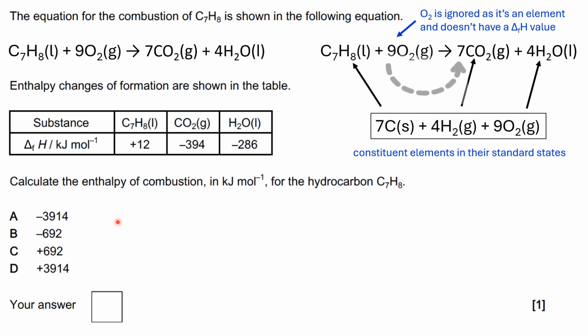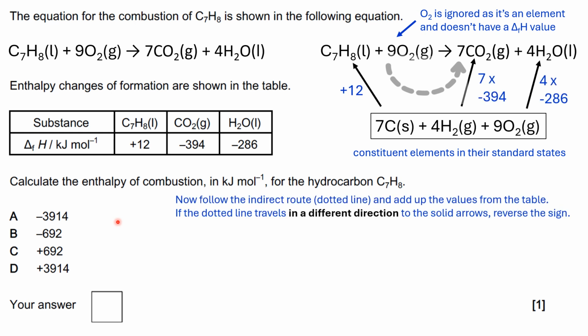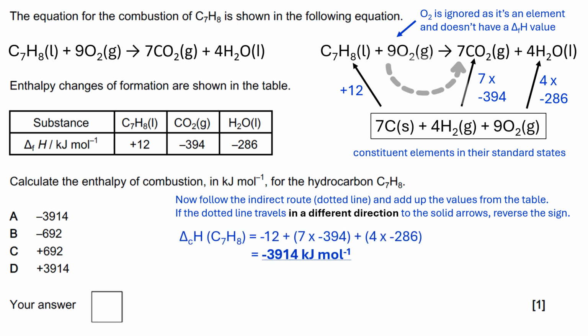So you put the indirect route in, you insert the numbers, and you follow the indirect route like we said before. If the dotted line travels in a different direction to the solid arrows, reverse the sign. So in this case, if you're going downwards like that, plus 12 is changed into minus 12. So that gives you minus 3,914 kilojoules per mole, which is answer A.